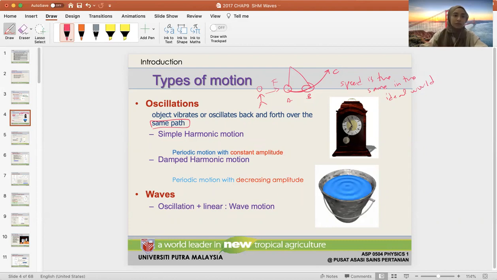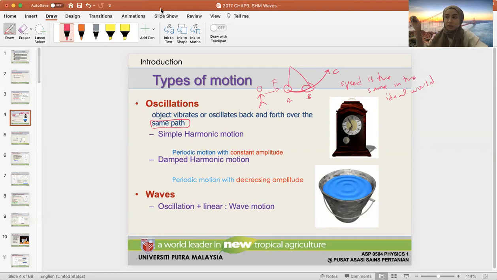Okay, so in the real world, we have damped harmonic motion. So that is why your clock has batteries to keep it at the same speed.